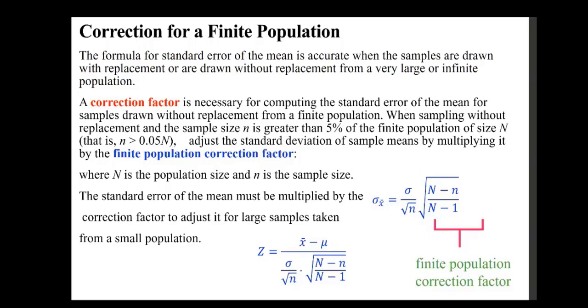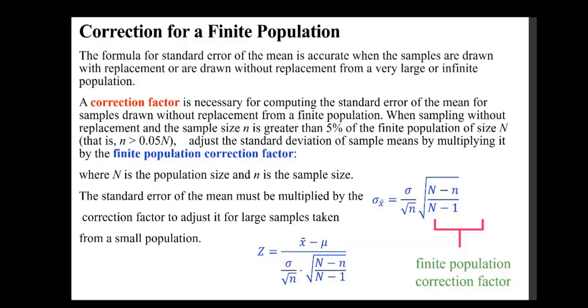A correction factor is necessary for computing the standard error of the mean for samples drawn without replacement from a finite population. When sampling without replacement and the sample size n is greater than 5% of the finite population of size N, that is, n is greater than 0.05 N, adjust the standard deviation of sample means by multiplying it by the finite population correction factor, where N is the population size and n is the sample size.